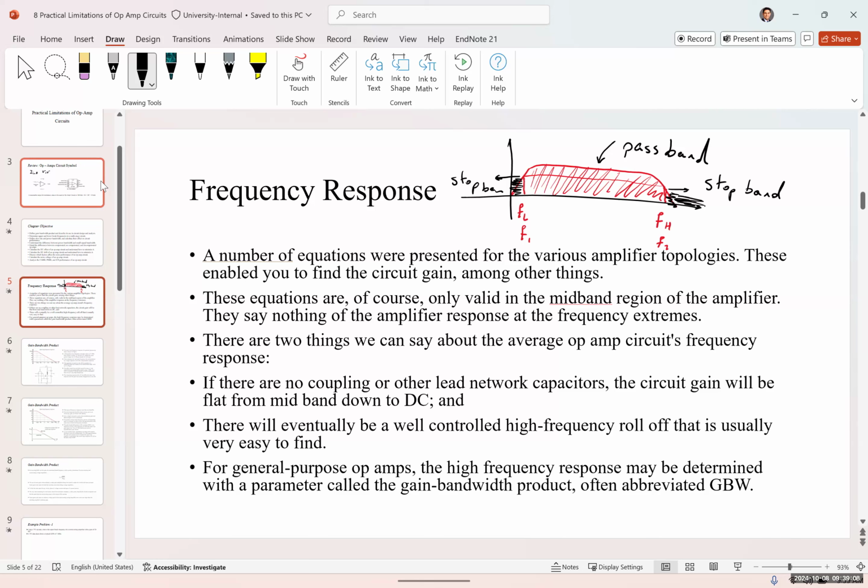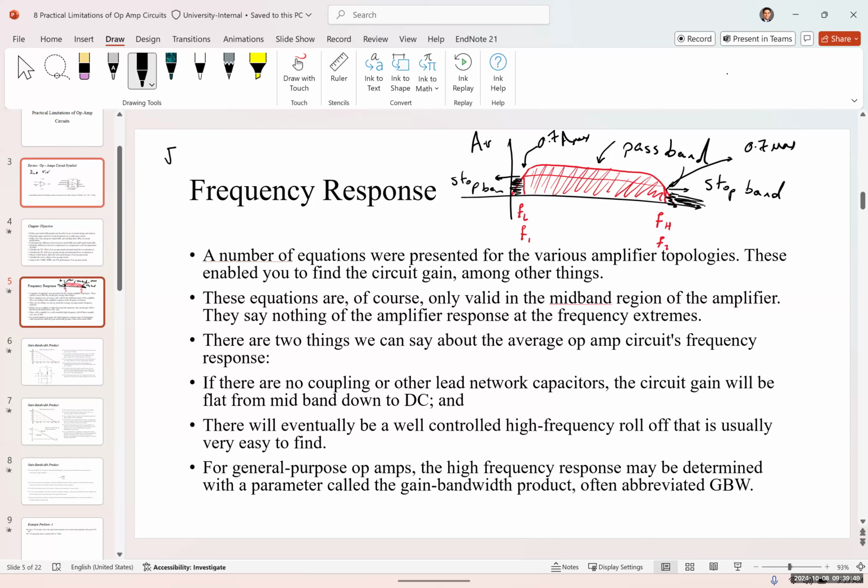Obviously, any frequencies in the stop band would be stopped, would not be amplified, and anything in the pass band would be passed. The FL and FH are determined by the gain of the system. When the gain reaches 0.7 of the maximum gain, at that spot we have our cutoff frequency.